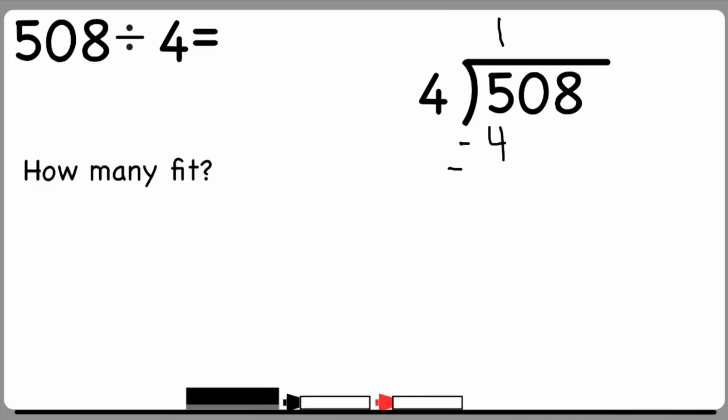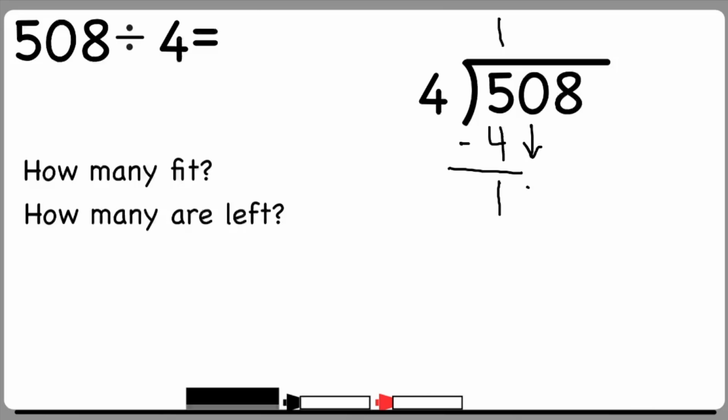One group of 4 is 4. How many are left? 1 is left over. Bring down your 0. And now we're asking how many 4s fit into 10. Should be 2. 2 groups of 4 is 8.